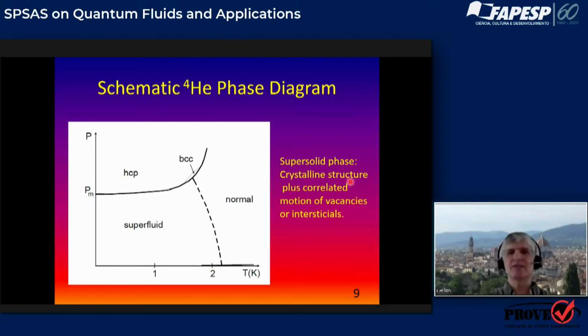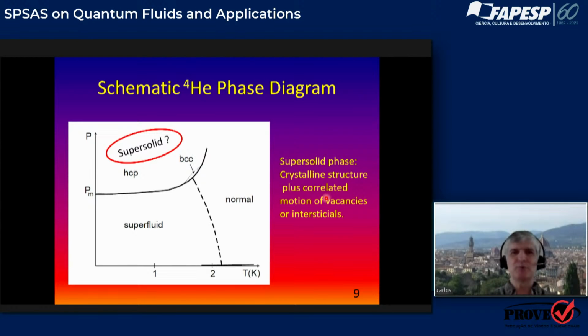And the question arises, in this area where helium-4 is solid, can you have a structure in which some defects, vacancies or interstitials in this lattice can move around, right? Those vacancies and interstitials will be bosons. They can move around in a coherent state, and therefore they could be a supersolid.